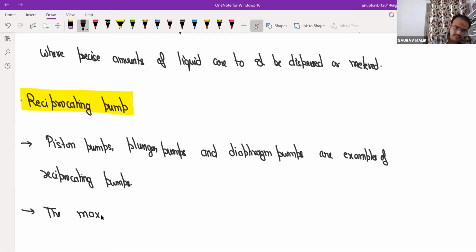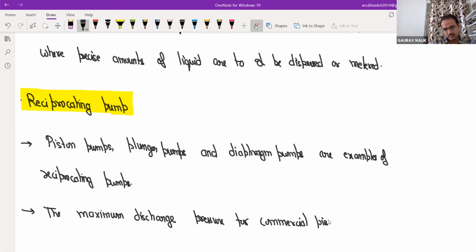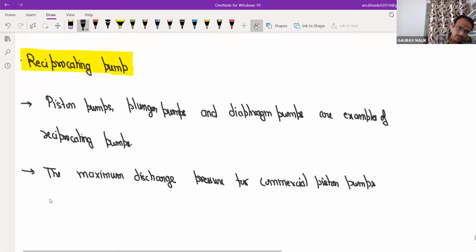The maximum discharge pressure for commercial piston pumps is about 50 atm.